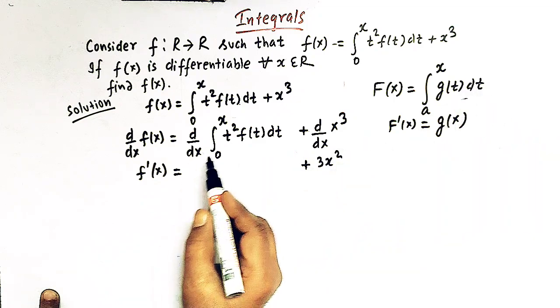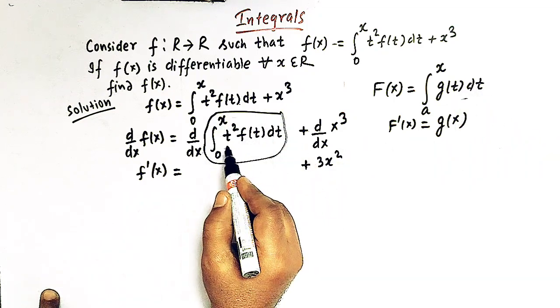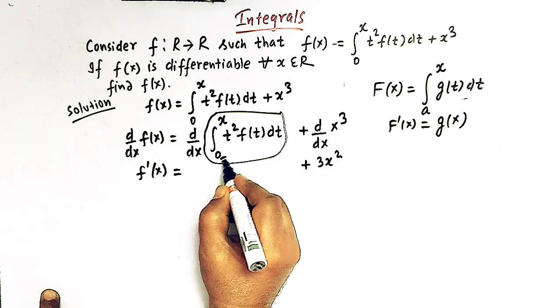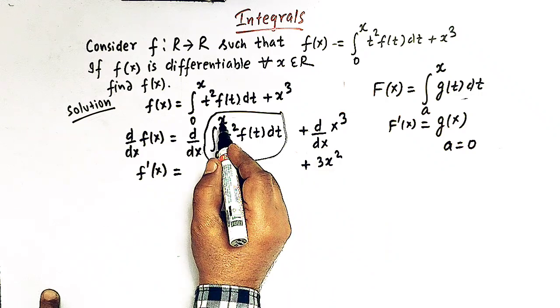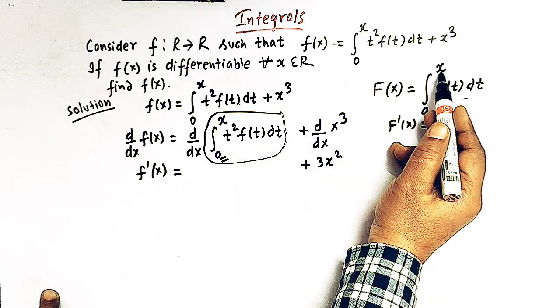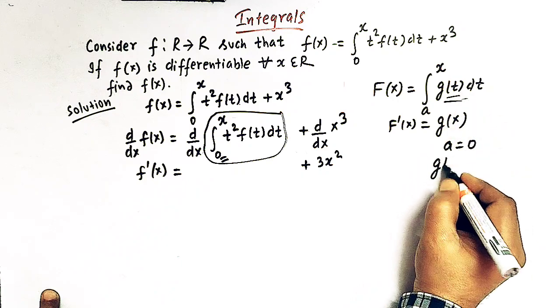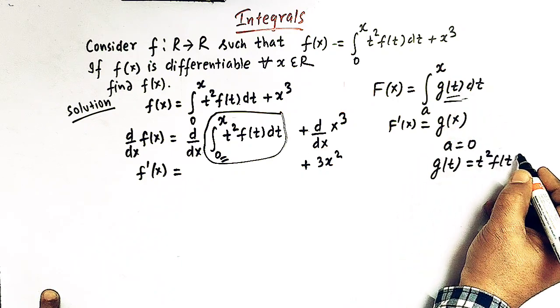If we compare this integral with this one, then the value of a is 0, the upper limit is x, and for g of t we have t square f of t.